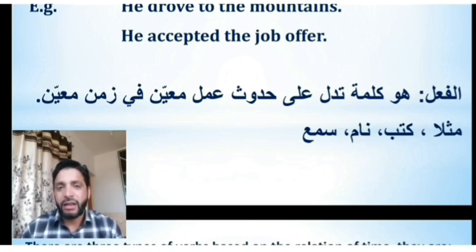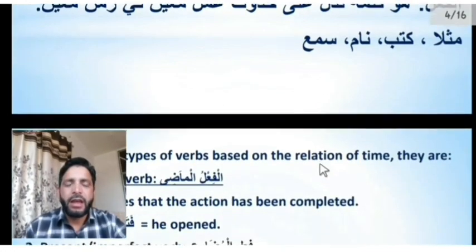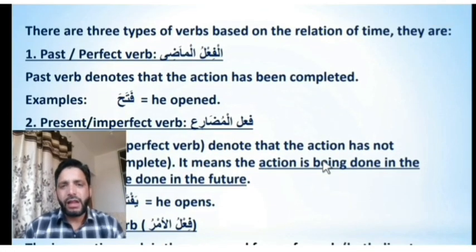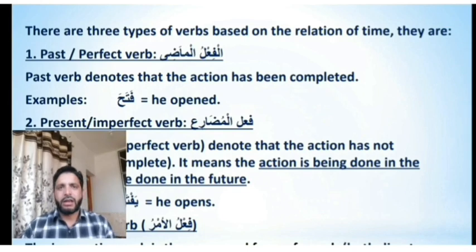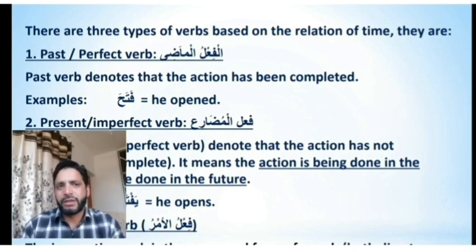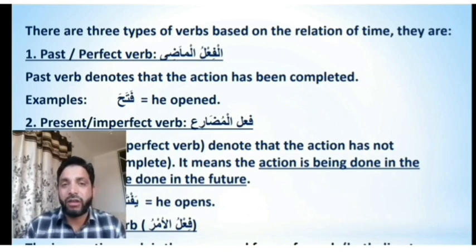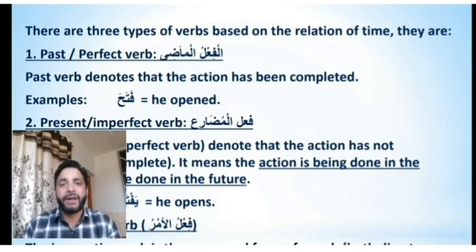Fi'l represents some action in a particular period of time. Now we have to learn the types or the classification of verb in Arabic. In Arabic, there are 3 types of verbs based on the relation of time. The first is al-fi'lul madi, past tense, past verb, or you can say perfect verb.